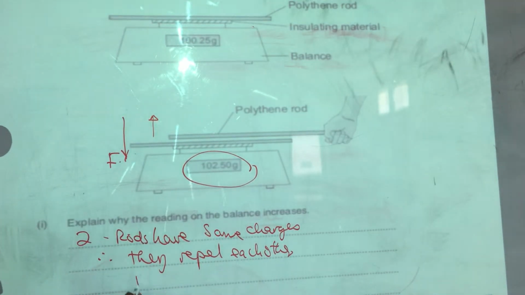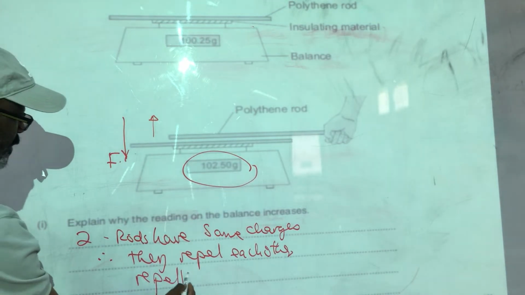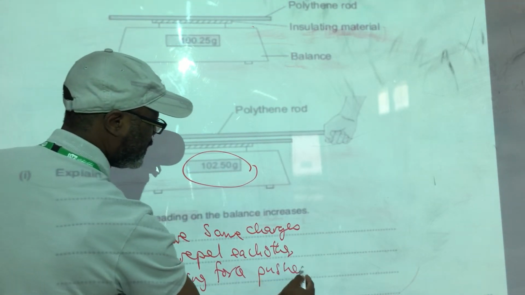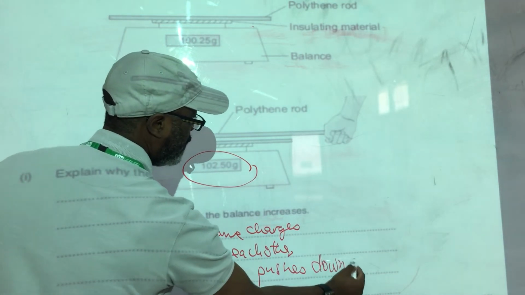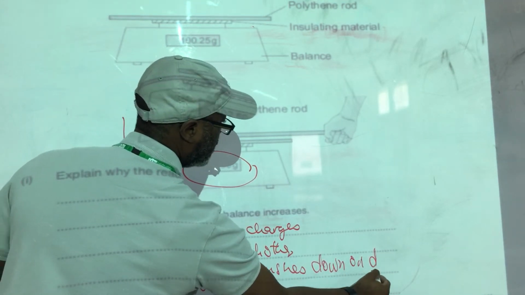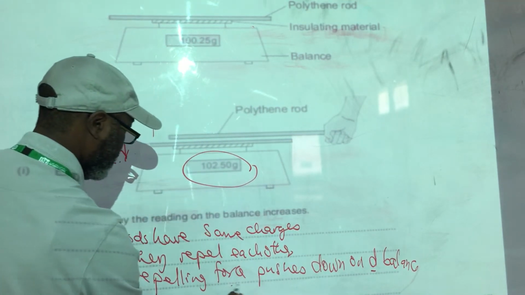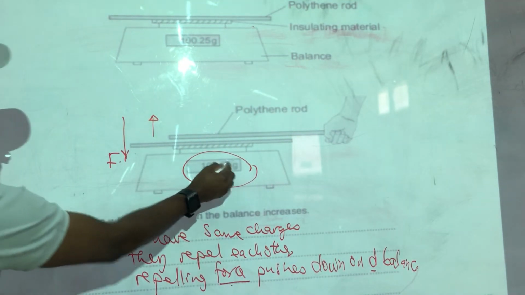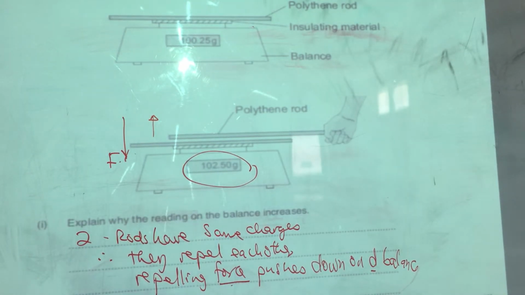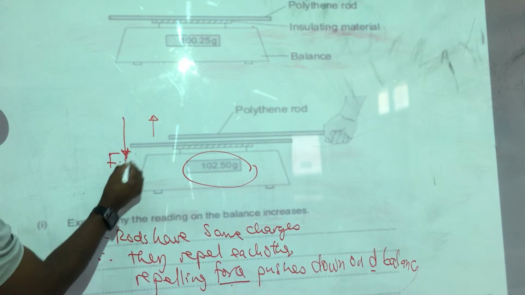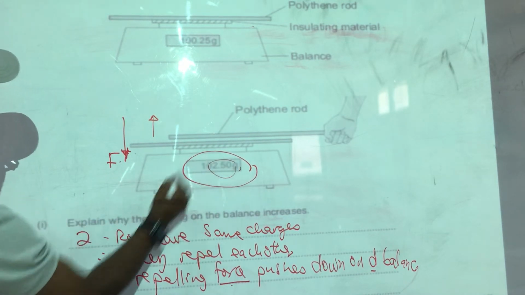Okay, so the repelling force pushes down on the balance, and that force is measured in terms of the mass there. So basically the balance is feeling the force, the repelling force that is pushing downwards on it, and that is being expressed in terms of change in mass.